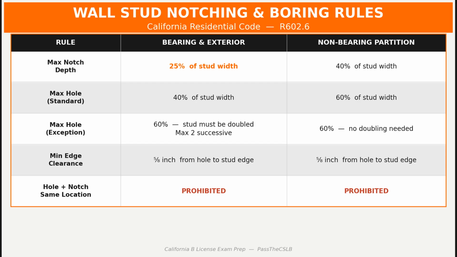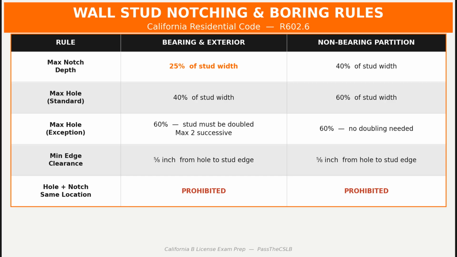For a 2x4, 40% of 3 1/2 inches is approximately 1 2/5 inches. That is more than twice the limit permitted in a bearing wall stud. For holes, the maximum diameter is 60% of the stud width, with no requirement to double the stud. For a 2x4, 60% of 3 1/2 inches is approximately 2 1/10 inches.